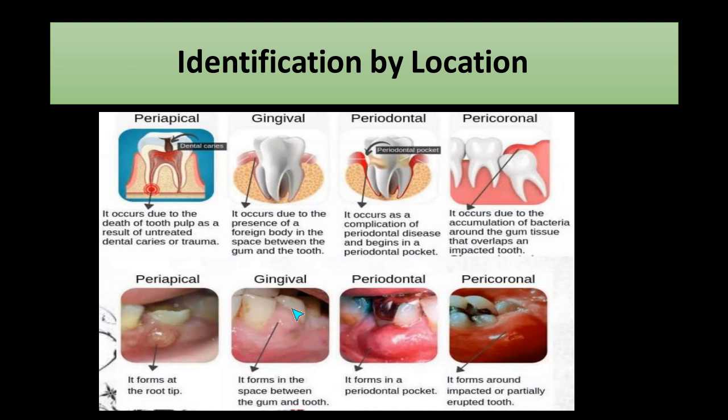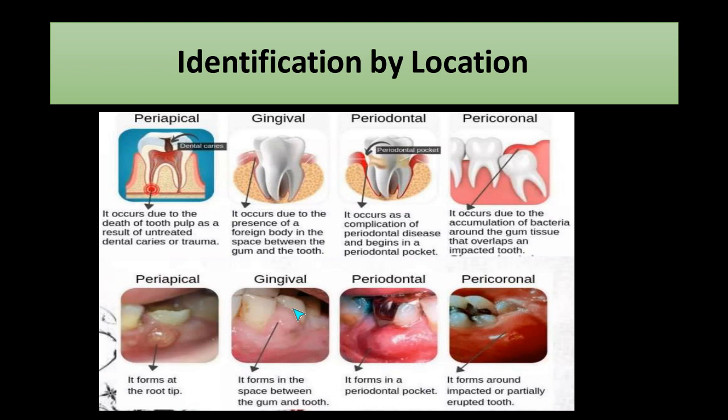There is no periodontal destruction seen in a patient who has gingival abscess. So now the next question that arises is, what actually causes this gingival abscess? Gingival abscess occurs due to the presence of a foreign body between the gingiva and the gum.